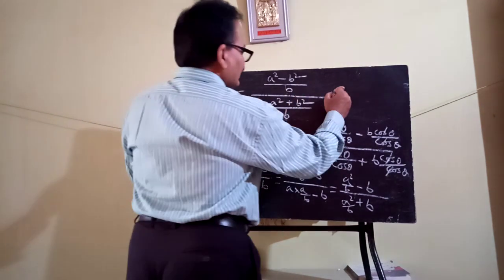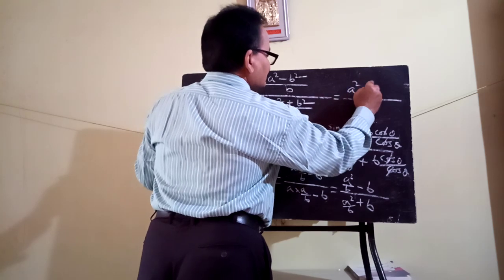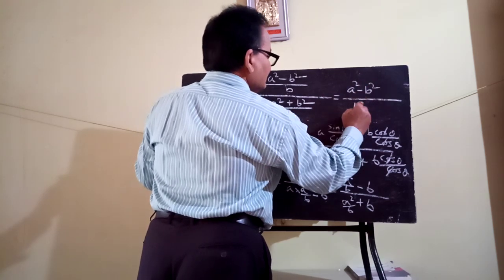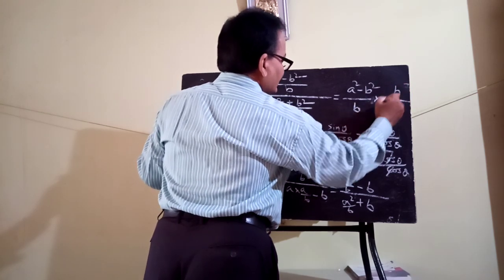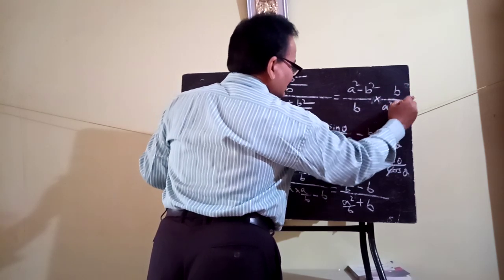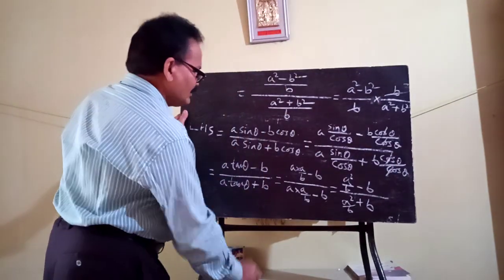Okay, after that, this is your A square minus B square by B, into B by A square plus B square. So B again cancel each other. So what you have got?